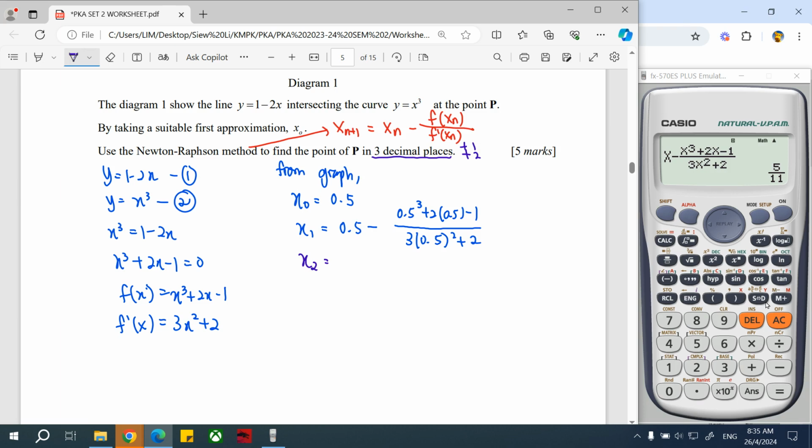Alright, so we make it decimal. This is 0.454, and then we add 1 more decimal place, it will become 5. So for this new approximate value, we continue to the second step.